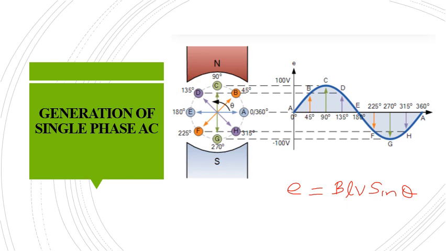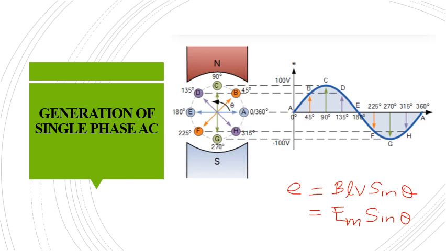B, L and V are constant, so we can write it as E equals EM sine theta. So here we can see the induced EMF will vary sinusoidally. That is why the single phase generated voltage is an alternating quantity which is sinusoidal in nature.